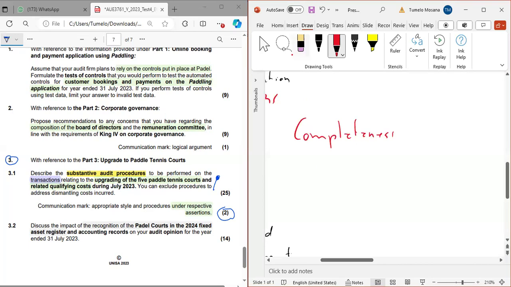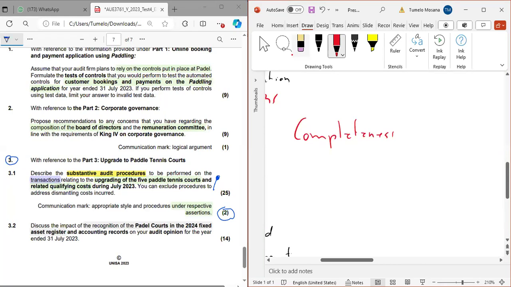With regards to completeness, we are checking whether the risk is that assets are not being recorded, or assets being capitalized instead of expensed, or the other way around. Sometimes it's with regard to a repair, and sometimes an upgrade.